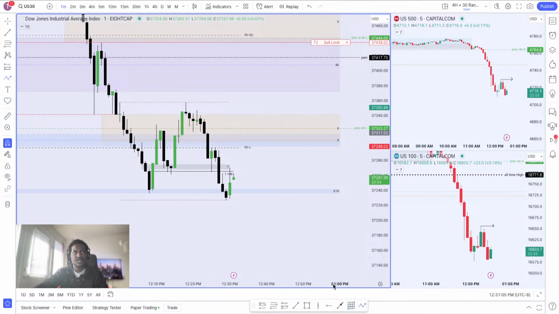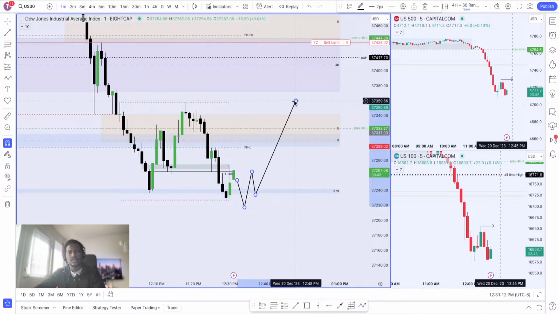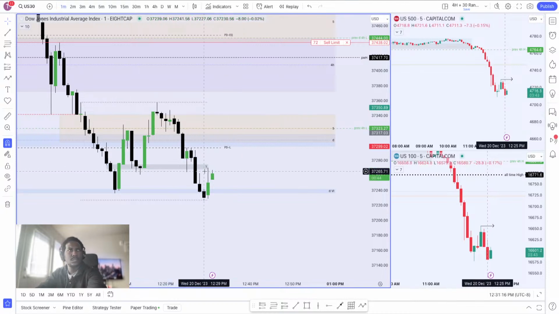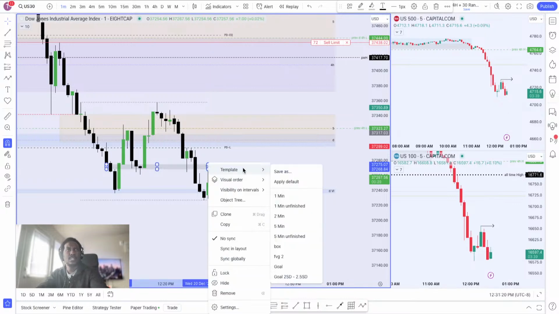Okay, so I have to see price come and take this low and then go back in. Now, are we likely to see that? Oh, so this one is not going to work.